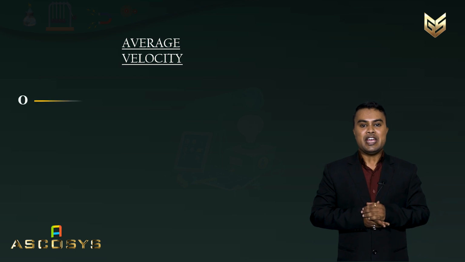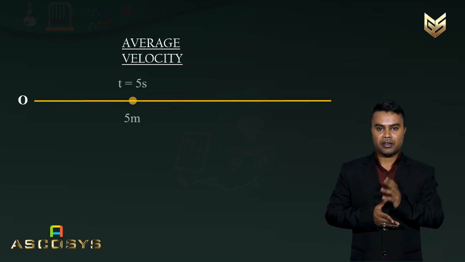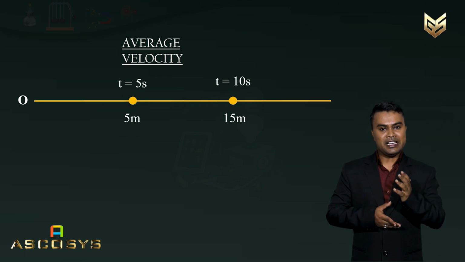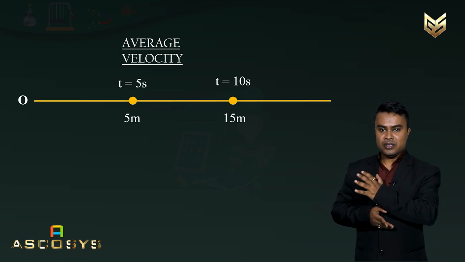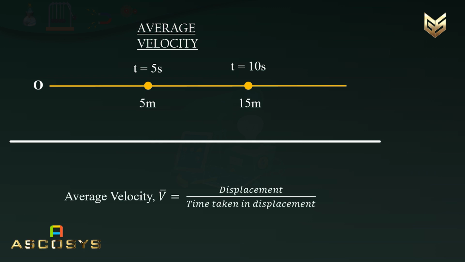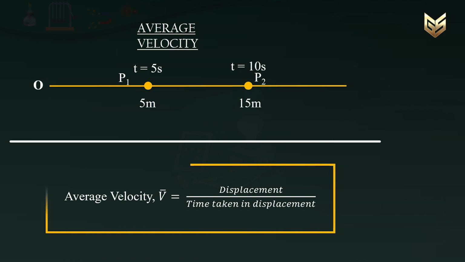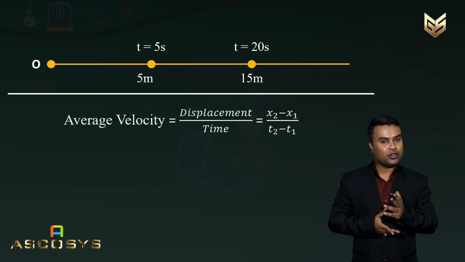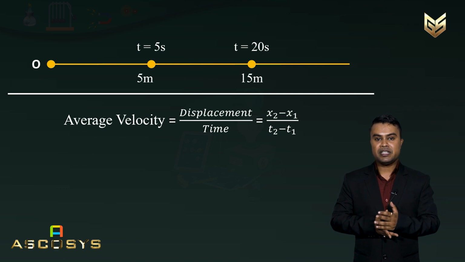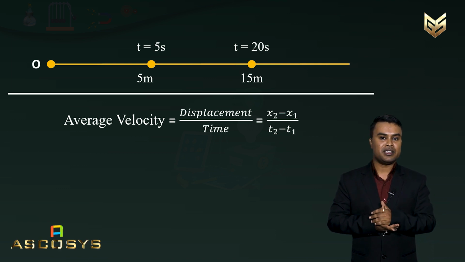Suppose a body starts from point 1, which is at some displacement away, and it reaches point 2. How are you going to find the average velocity? That means total displacement covered divided by total time taken. The displacement will be x2 minus x1, and the time taken will be t2 minus t1.